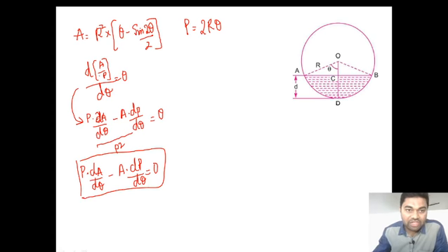Now try to differentiate this equation and this equation.